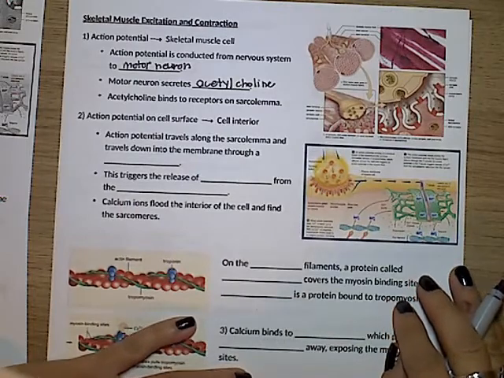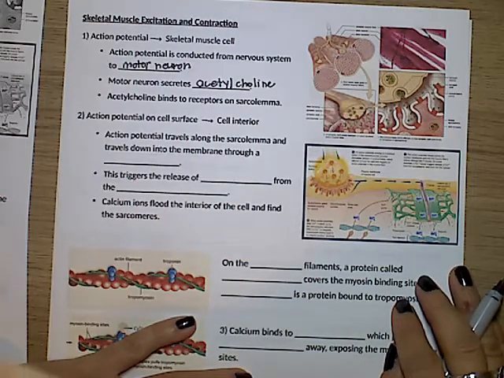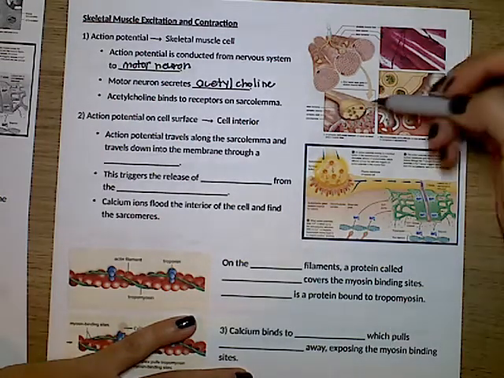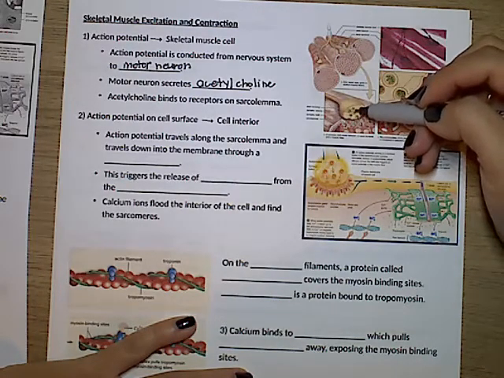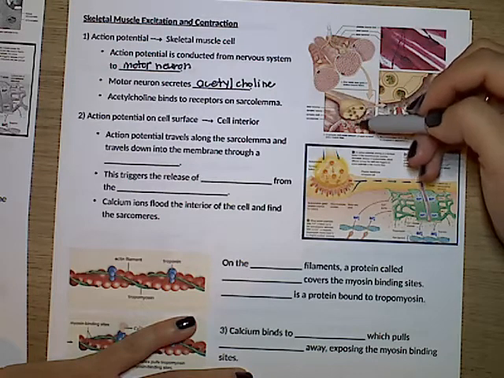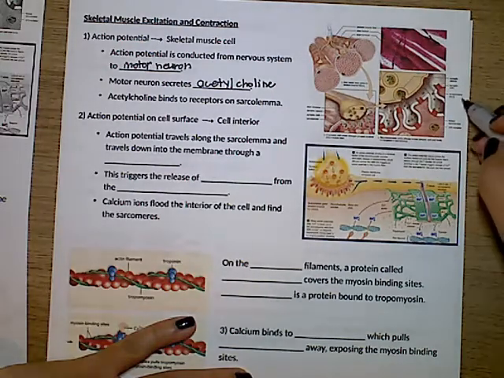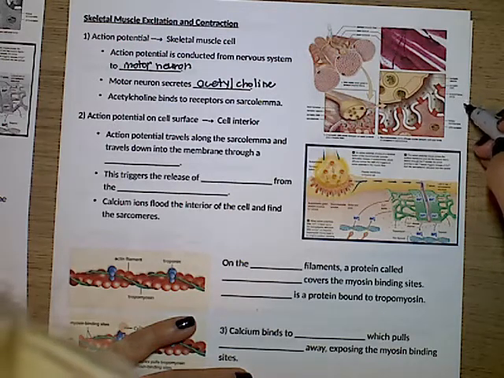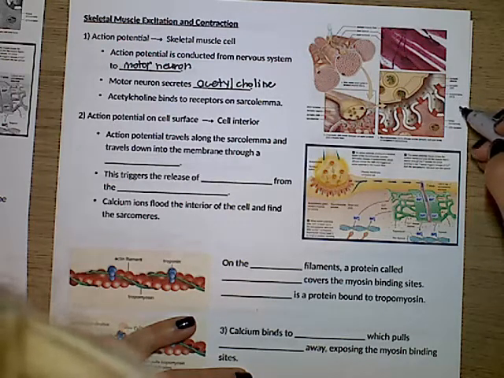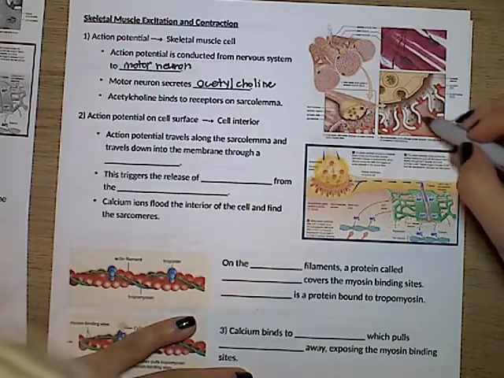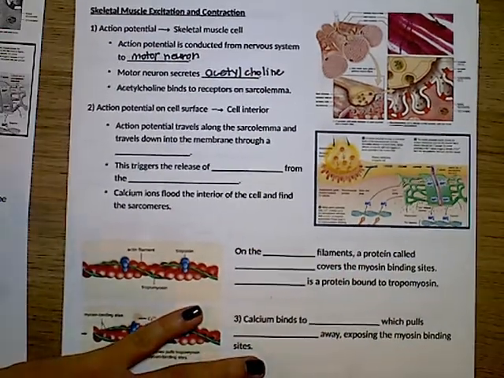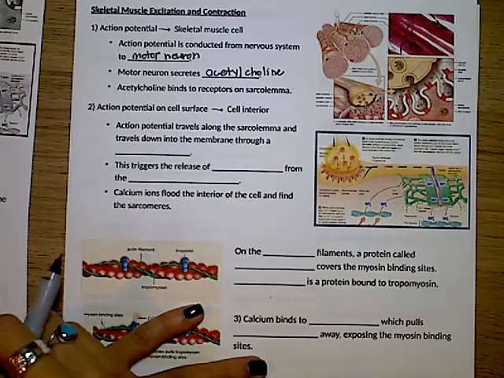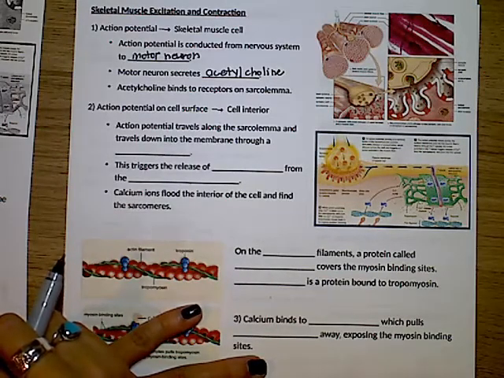So this picture is so tiny I can't even really see it, but it looks like we've got the axon terminal here of a motor neuron, and you have these synaptic vesicles which will release that acetylcholine. And here we've got that acetylcholine attaching to receptors on the sarcolemma, on the cell membrane. So that's step one, get the neurotransmitter to the cell.